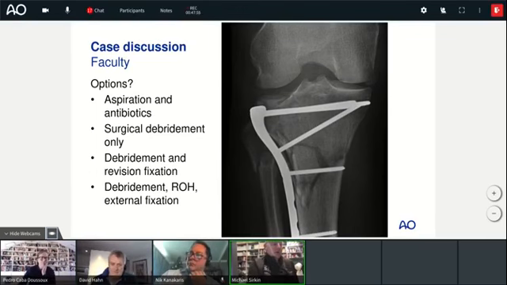Okay. And David, you talked about retaining hardware and it has to be stable. How do you determine that? Okay, so first you look at the x-rays and then, as I said, regarding stability, you can't just go on x-rays. They all look great because if it's your own case, you're pretty sure you did a good job.